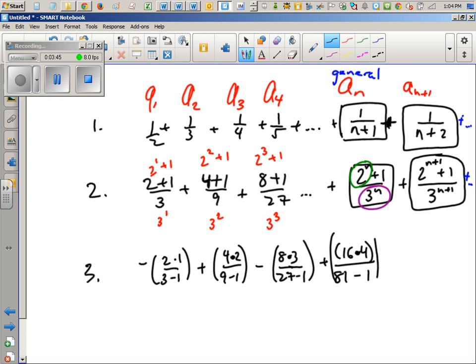Now if I had simplified these to like negative 2 over 2, 8 over 8, 24 over 26, that's when it gets really hard to pick out the pattern. But by separating it like this, you can see sort of the progression. And I have an extra parentheses on my 16 times 4, which I don't really need. So I'm going to get rid of that real quick. Okay, I think I copied that right.